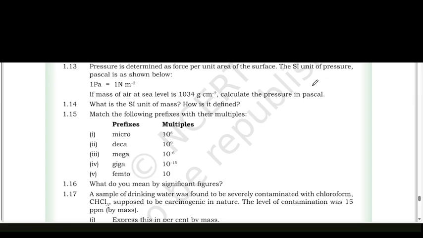Then pressure is determined as force per unit area of the surface. The SI unit of pressure is Pascal, as shown in the figure. If mass of air at sea level is 1034 gram per centimeter square, calculate the pressure in Pascal.